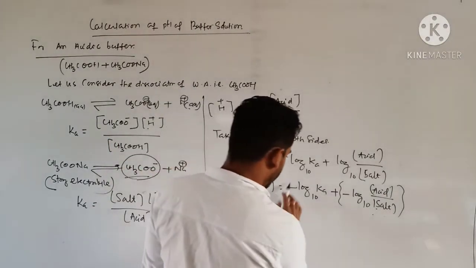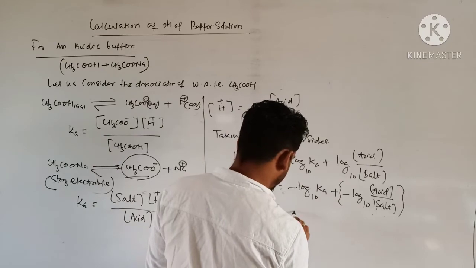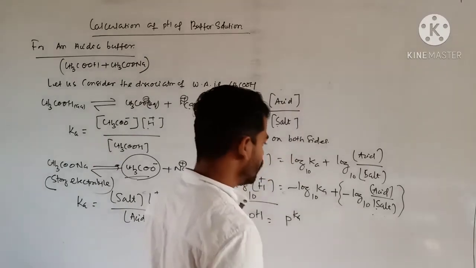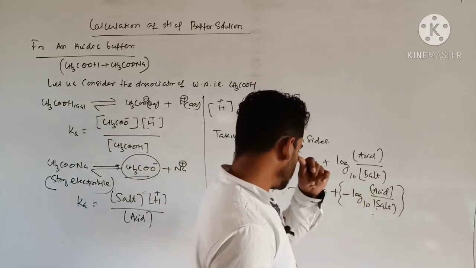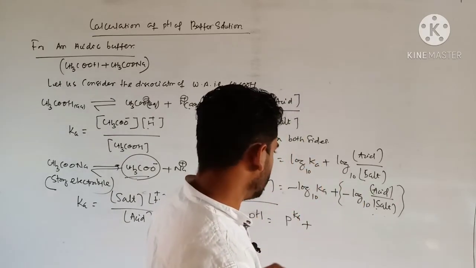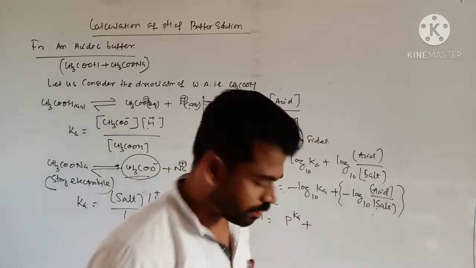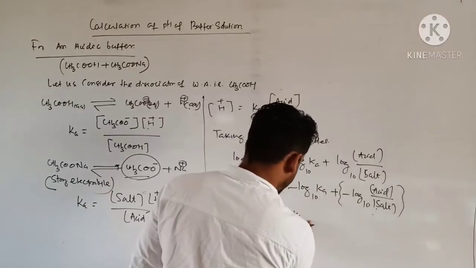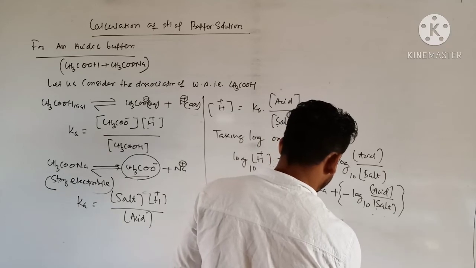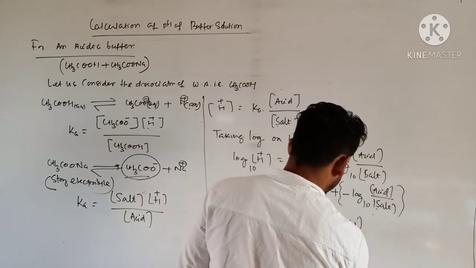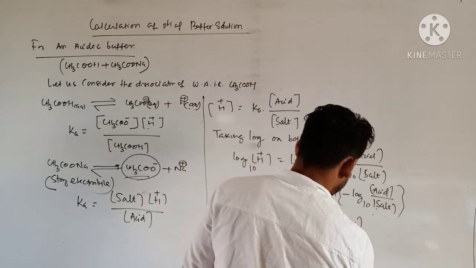Similarly, negative log of Ka is called pKa, plus negative log of acid by salt, which I can write as minus log base 10 concentration of acid upon salt.